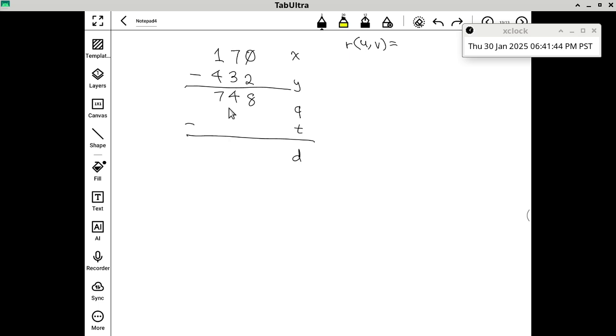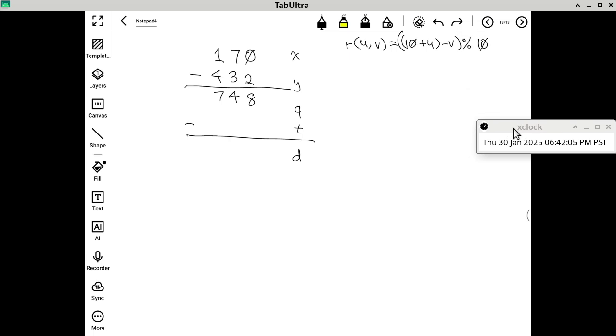So one way to do that is just to say, okay, let's just add 10 to U first before we subtract V from it. And when this is all done, we're going to mod it with the base again, which is base 10 in this case. In other words, I am making sure. Oh, okay, I can see that you guys cannot see because some stuff is behind the clock. There we go. Okay, so the whole point is when I add 10 to U, I just made sure that there's enough quantity to perform the subtraction without going negative.